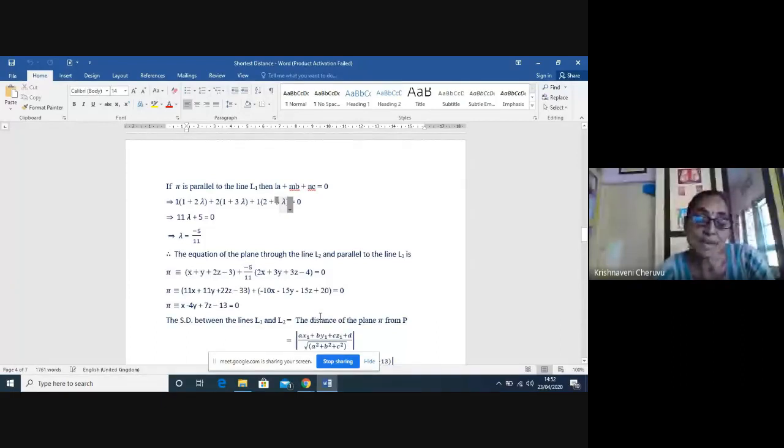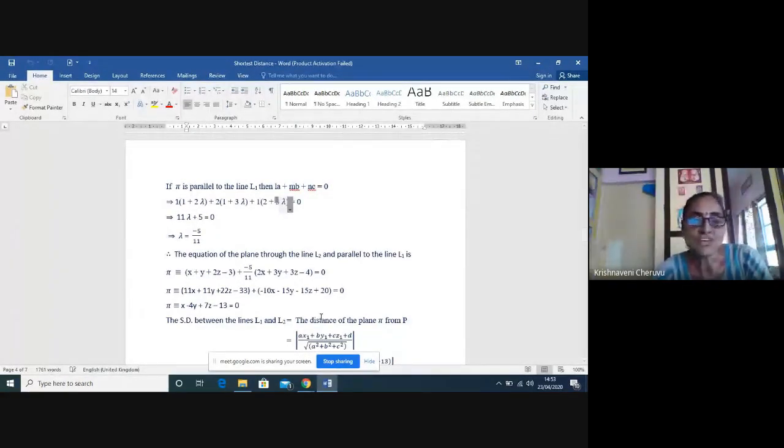And this plane is not only containing L2, girls, it is also parallel to L1. So now, because L1 is parallel to the plane pi, you can find the distance between L1 and plane pi. How? Distance of any point on the line from the plane.